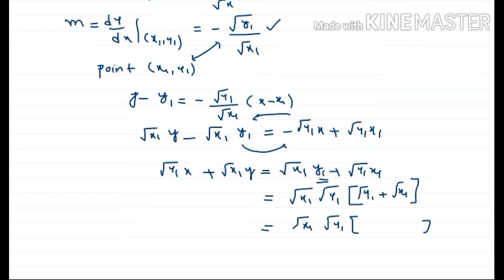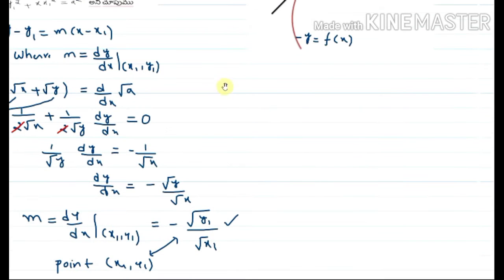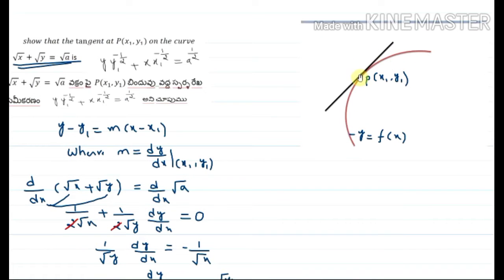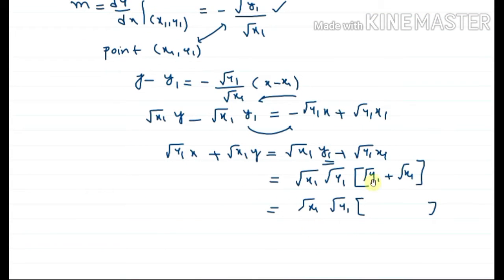Again, since the point lies on the curve, this point lies on the tangent as well as on the curve. Substitute the given point in the curve, and from that I will get root x1 plus root y1 is equal to root a. Use this result in the given problem. So here you will get root x1 plus root y1 is equal to root a.